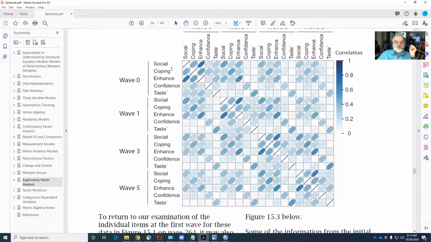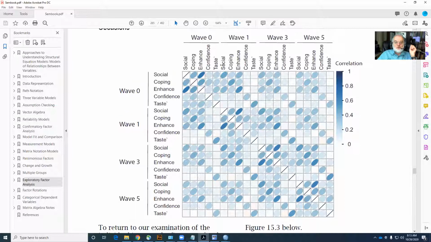You'll notice here that social at wave 0 tends to correlate with social at wave 1 and social at wave 3. These are autoregressive correlations. And the farther I get away from the diagonal, the fainter these tend to become. By the tracing rules, that's kind of what we might expect to see.